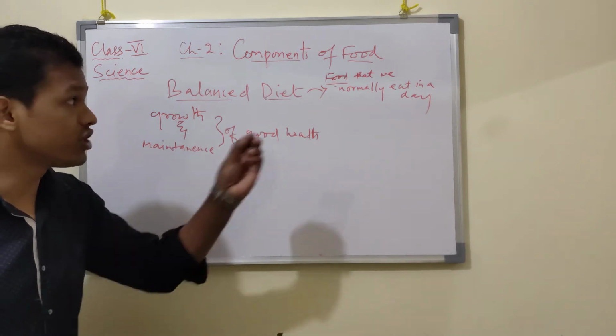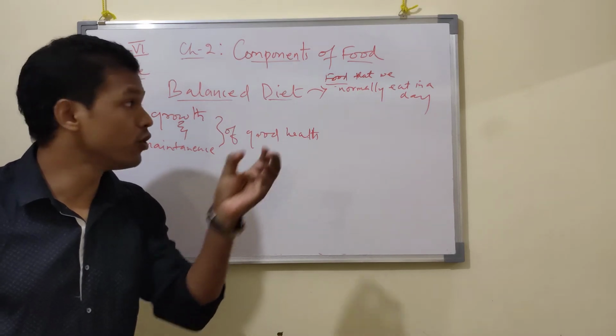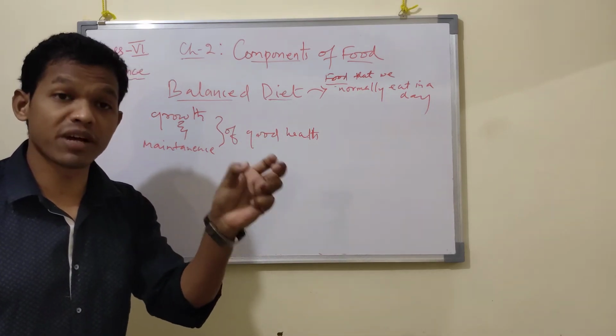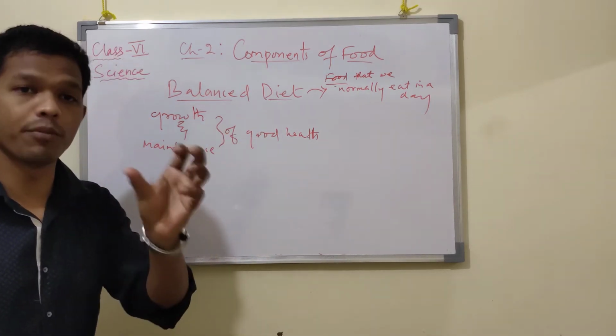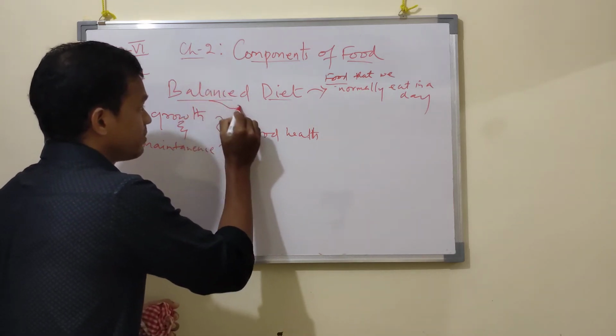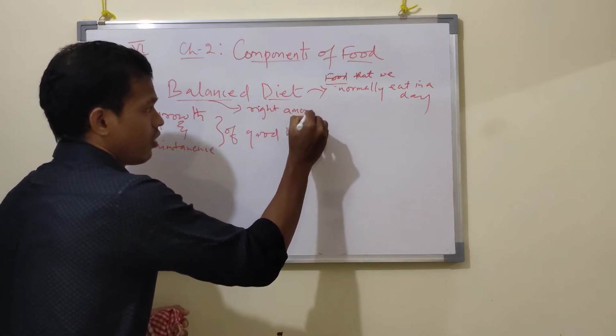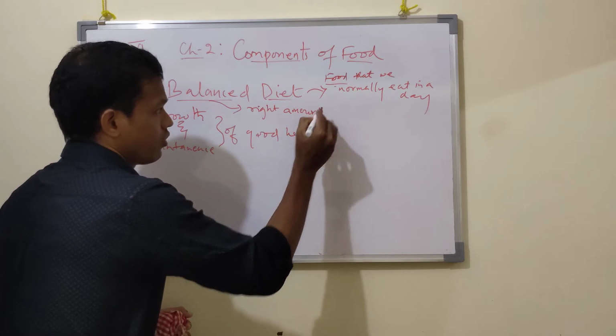But the nutrients which are present in food must be in the right quantity or right amount. Therefore it is called balanced. Balance means the right amount of what?